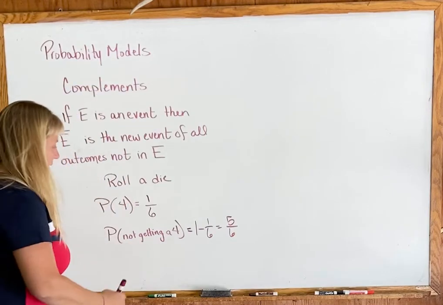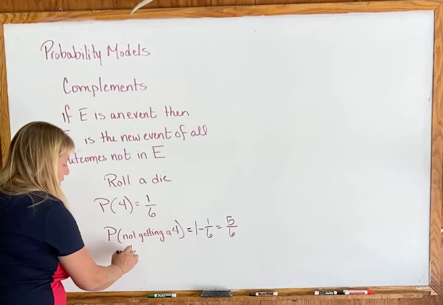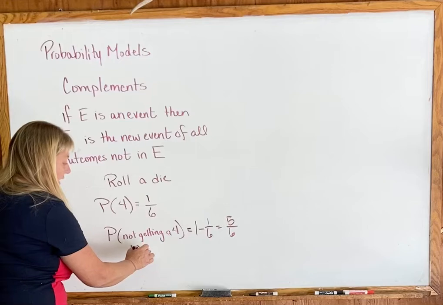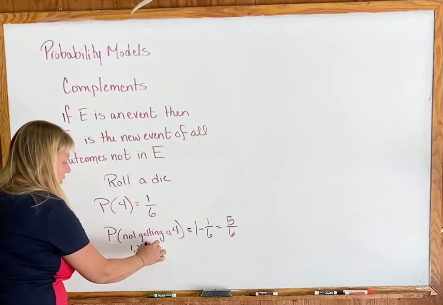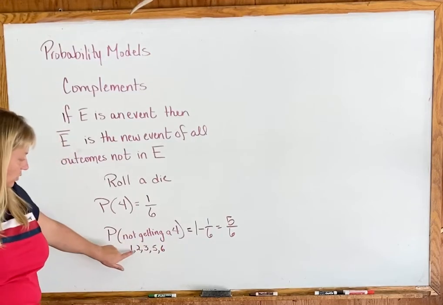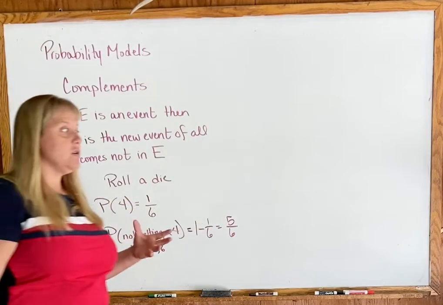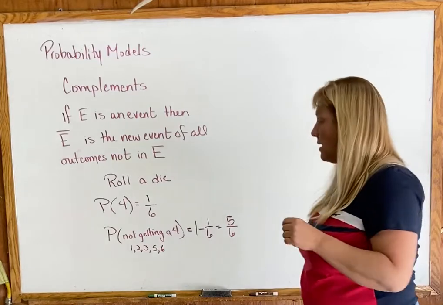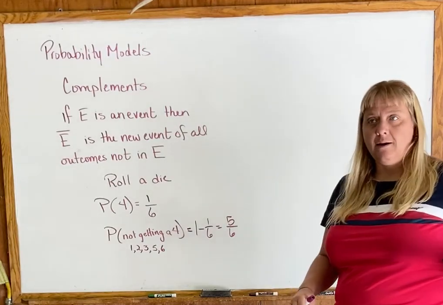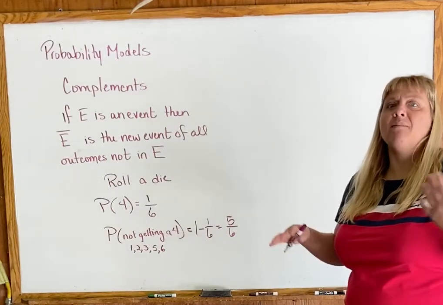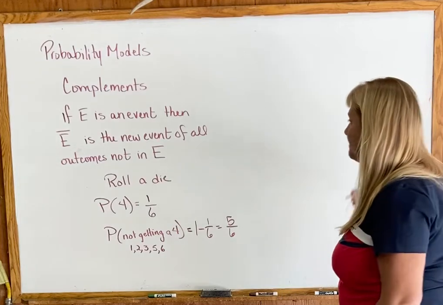If you don't want to get a 4, that means you could get a 1, a 2, a 3, no 4, a 5, or a 6. So notice 1, 2, 3, 4, 5, 5 out of 6. So using the complement is an easy way to keep from having to do more math, basically.